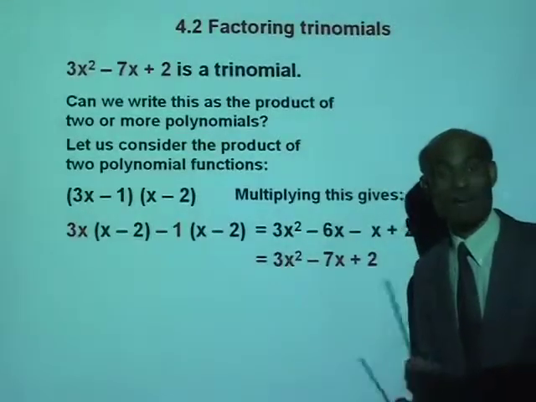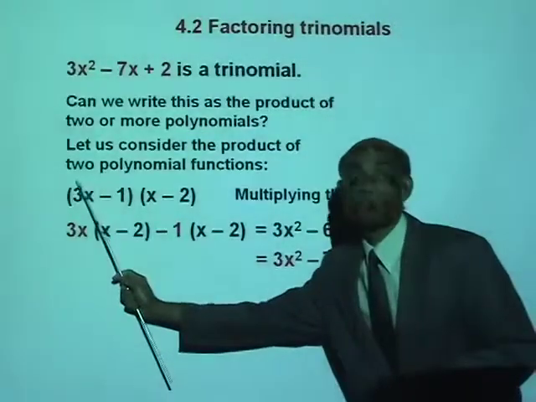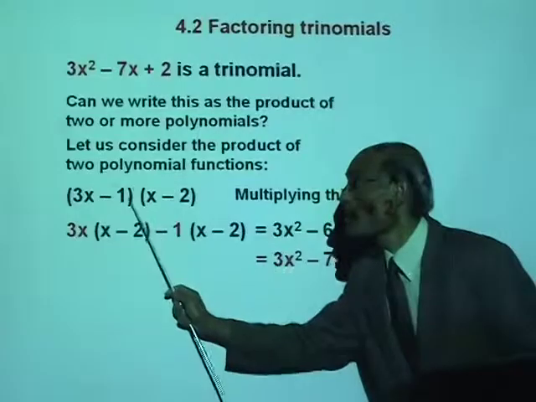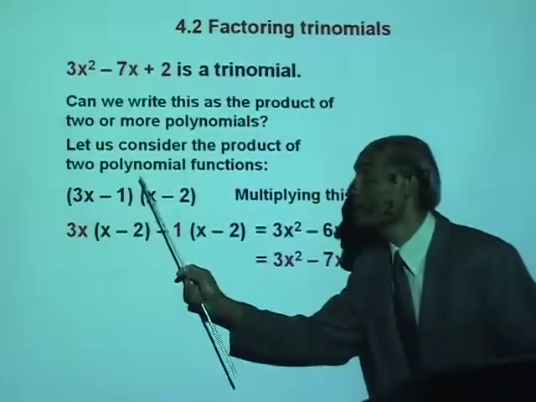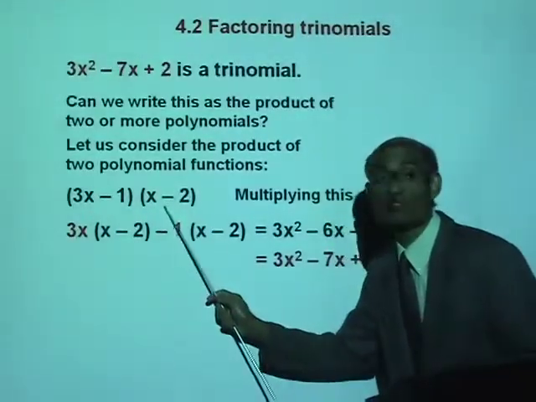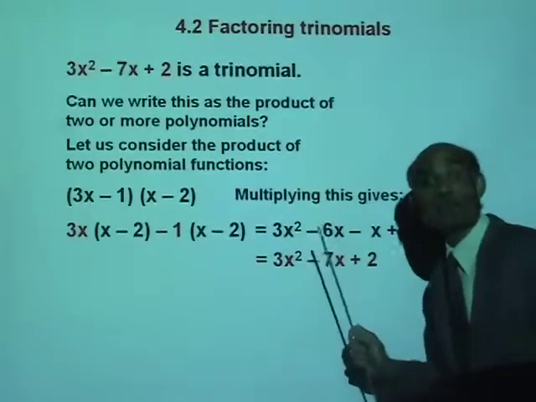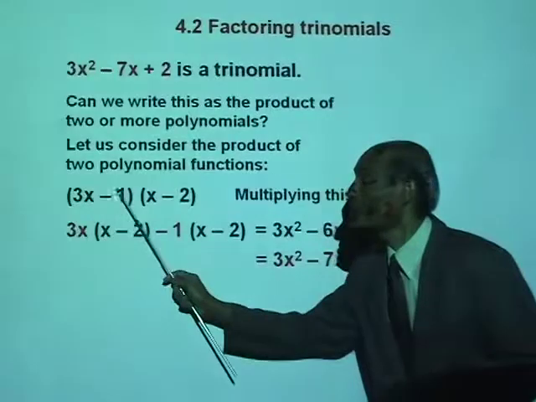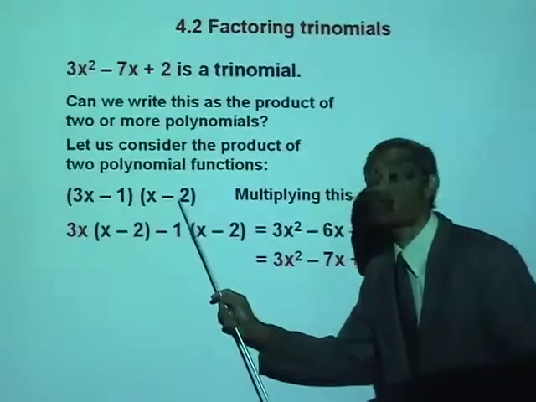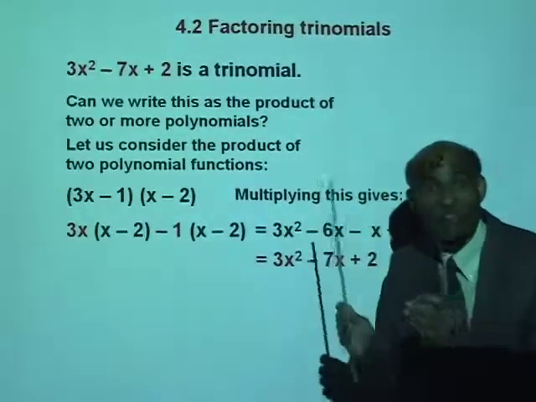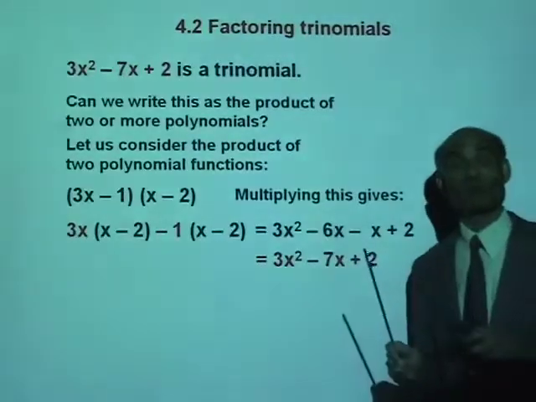Well, what does that mean? Multiplying two polynomials, 3x minus 1 times x minus 2, gives you this trinomial. It means these 3x minus 1 and x minus 2 are the factors of this trinomial.